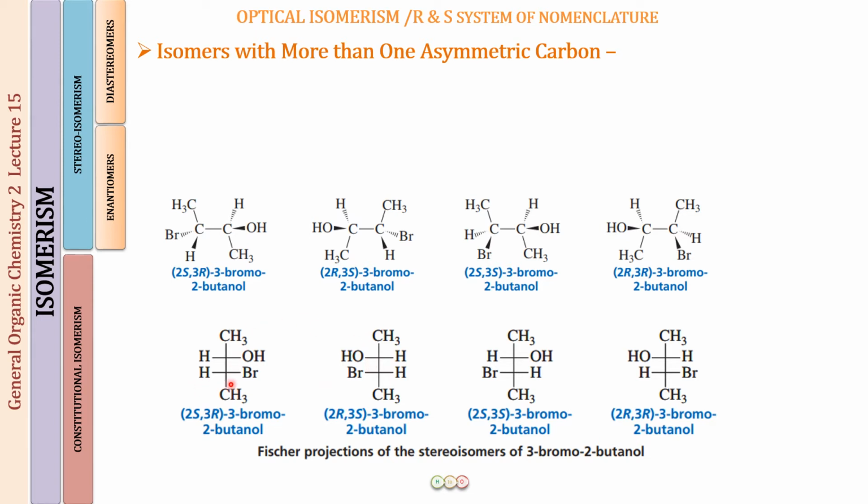And if you look at this molecule and this molecule, well, they are stereoisomers, but they are not the mirror images of each other. If they are not the mirror images of each other, well, what does that mean? Well, they are going to be diastereomers. Those stereoisomers which are not the mirror images of each other are called diastereomers.